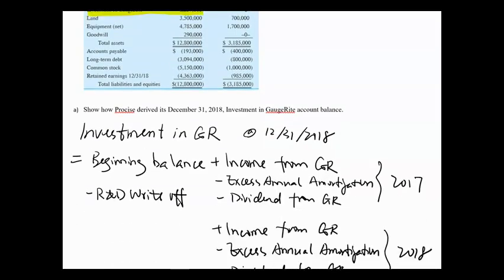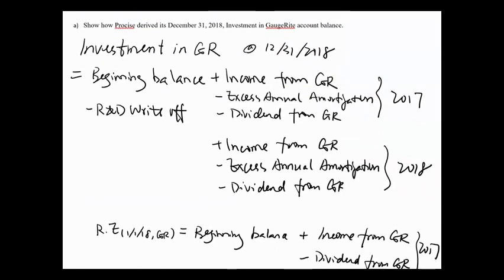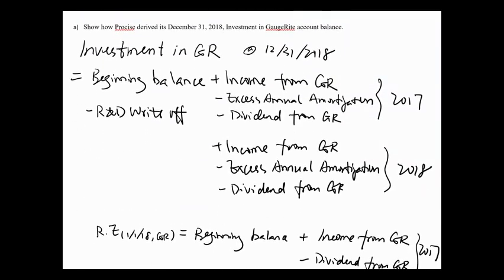So we need to figure out the investment in Goldright balance at the end of 2018, and first we can show the formula to calculate the annual balance of the investment account.